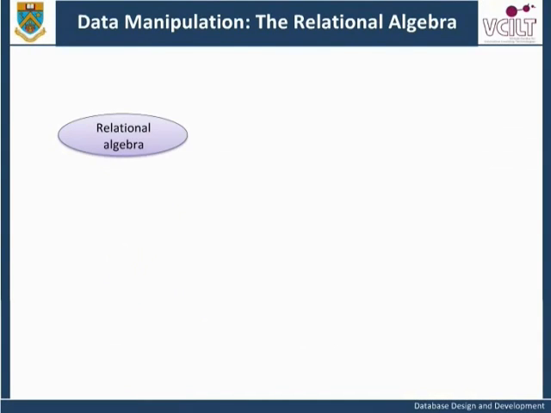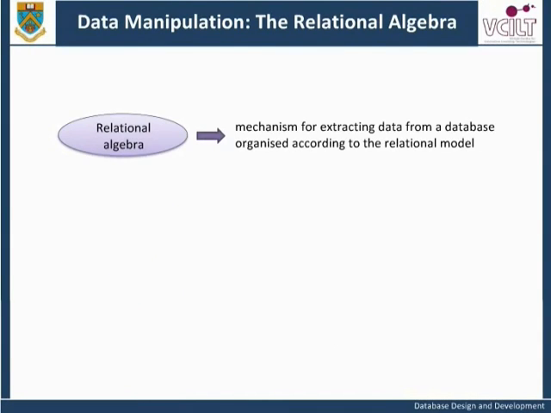The relational algebra provides a mechanism for extracting data from a database organized according to the relational model. Some relational algebra operations require that the participating relations be union compatible. This means that the two relations involved in such operations must obey two conditions.